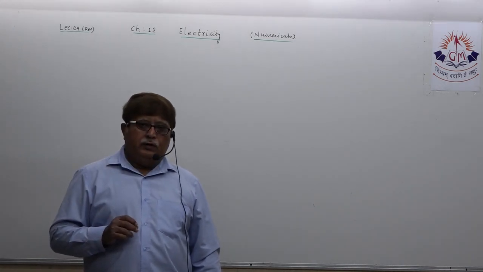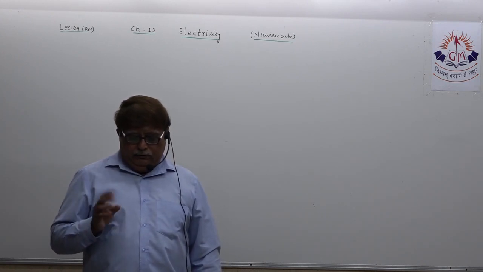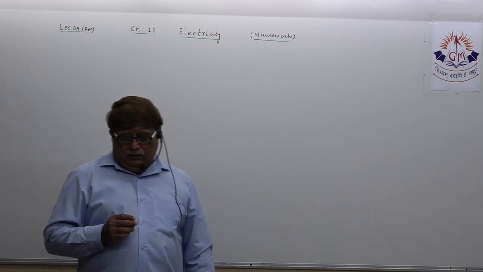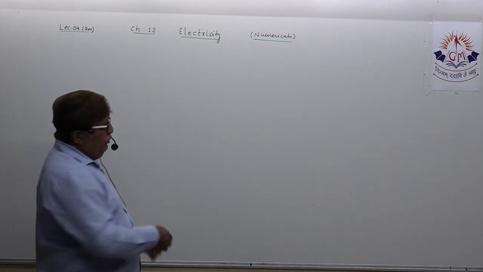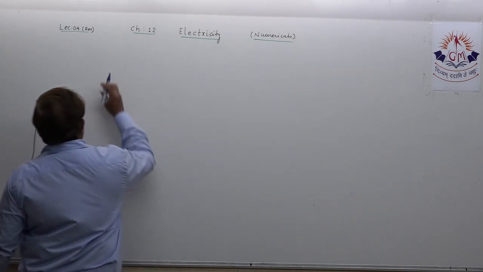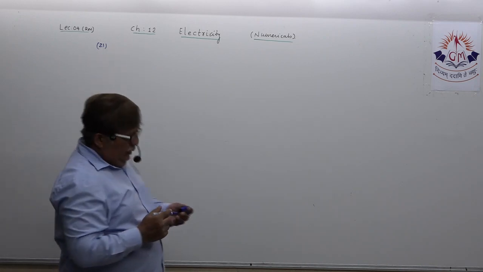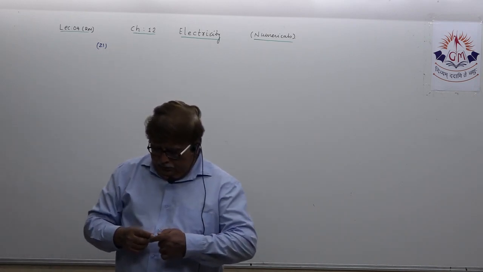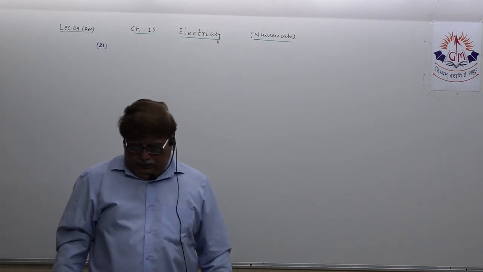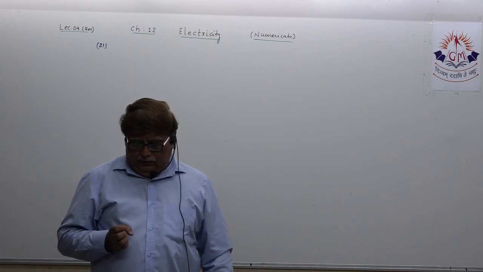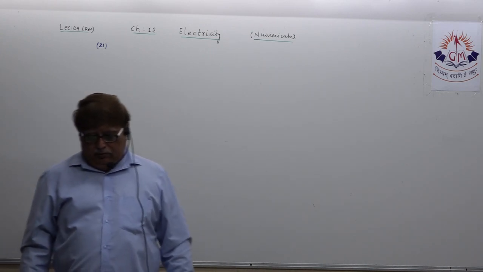As shown in the diagram, 5 resistors: R1 that is of 10 ohm, R2 that is of 40 ohm, R3 that is of 30 ohm, R4 20 ohm, and R5 60 ohm are connected with a battery of 12 volt.